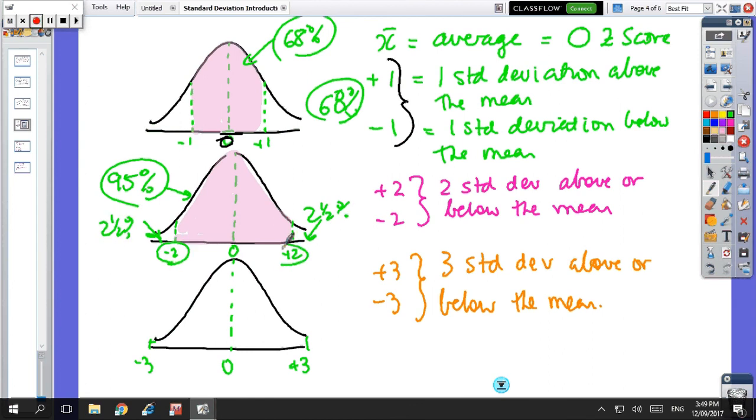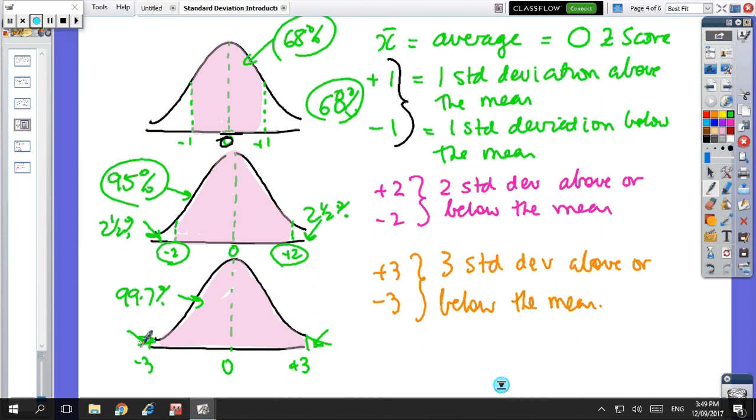So plus and minus 2 are rare scores. And even rarer is plus and minus 3. You don't normally get Z scores of plus and minus 3 because in terms of statistics, that's about 99.7% of the people. So very few people can get above 3 or below minus 3.